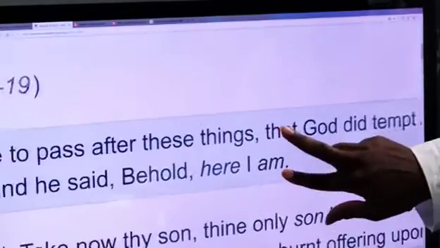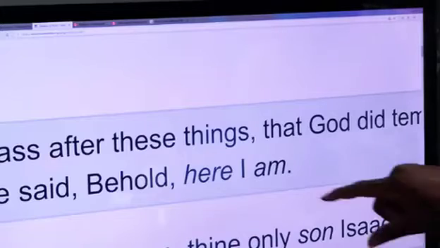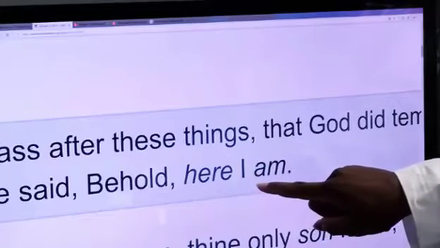Now, just an example of what I was stating earlier, where some Israelites will say, well, Ahaya just means I am. Anywhere you see I am in the Bible, it's Ahaya. We're showing you that that is false, and that those who make those statements really don't have a knowledge of biblical Hebrew.